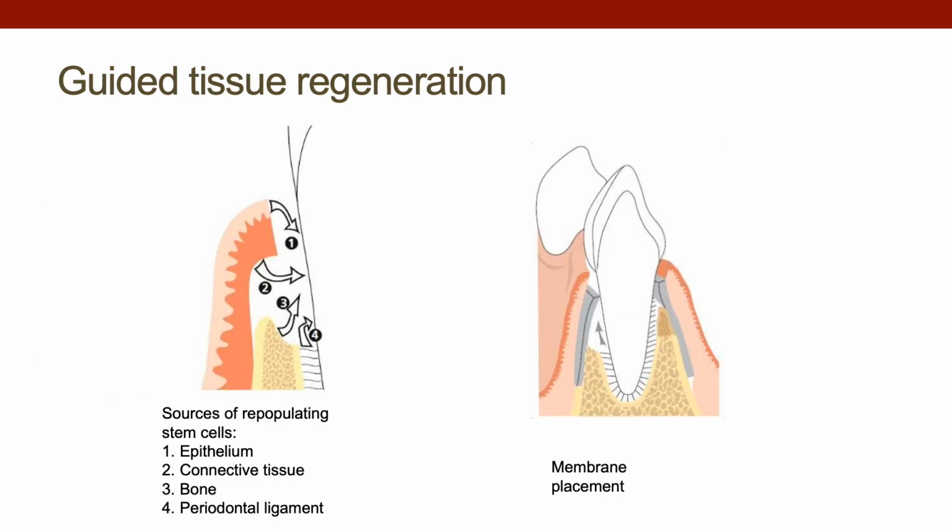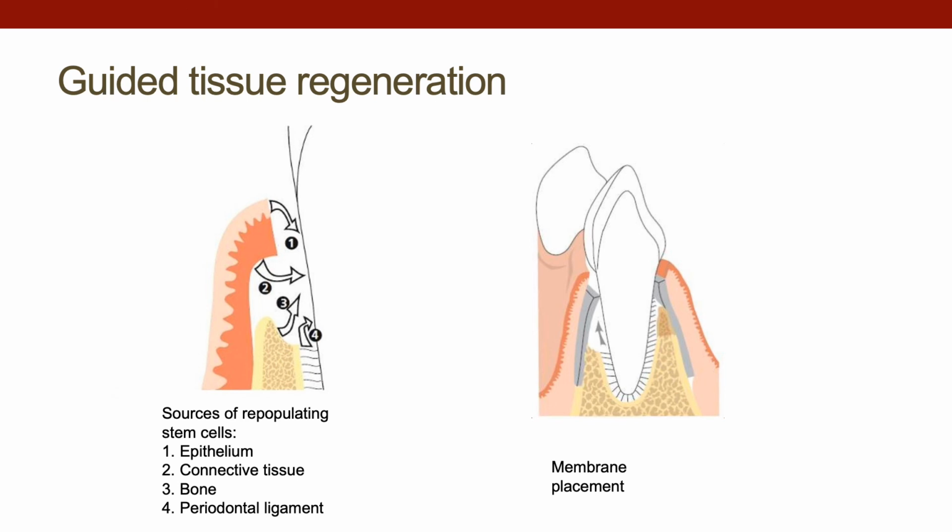But it's also possible to use techniques to try to guide the tissues. So here we can see on the left-hand side a diagram of a periodontal pocket where you can see that there are different tissues that can be sources of repopulating stem cells. They could come from the epithelium, number 1, the connective tissue, number 2, the bone, number 3, and the periodontal ligament, number 4.